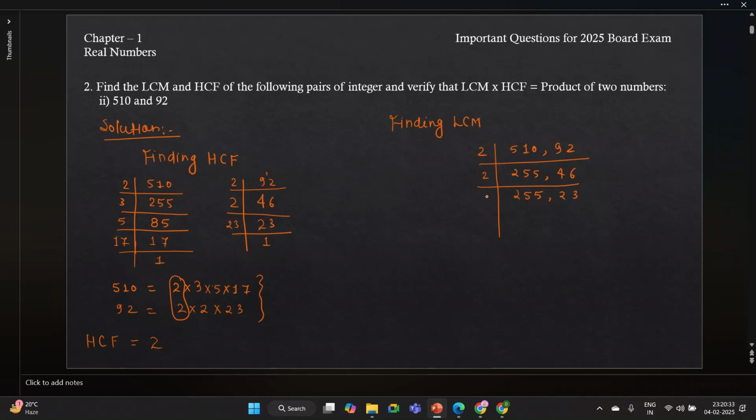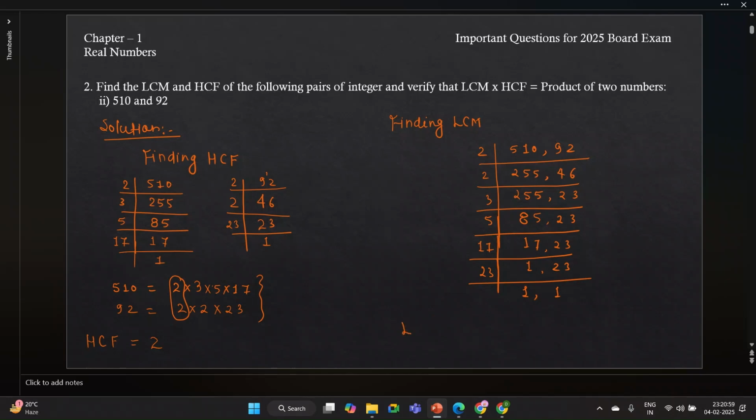Again, 255 is not divisible by 2. So we have to check by 3. If you check it, then it is divisible by 3. So I'm writing down 85 and it would be 23. Again, it's divisible by 5, so directly I'm writing 17 comma 23. And again, I'm writing 17, so it would be 1 and then 23. And then I'm writing down 23, so it would be 1 comma 1. Directly we can write it down here.